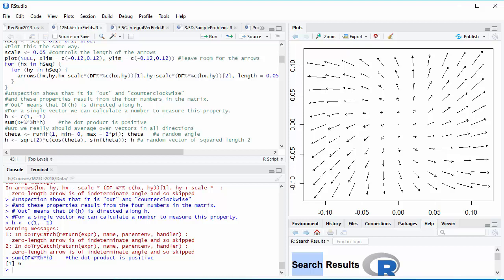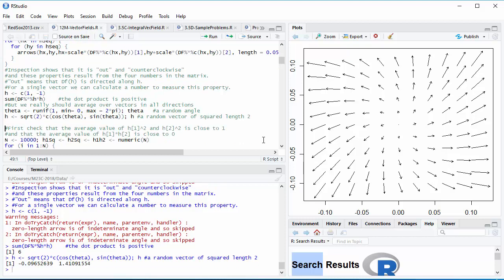I'm going to give it a length of the square root of 2, and then its components will be given by taking the cosine and sine of this random angle. So this is a random increment vector, except that only the direction is random. The length is fixed at the square root of 2.